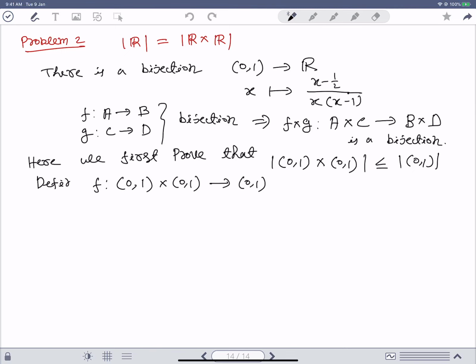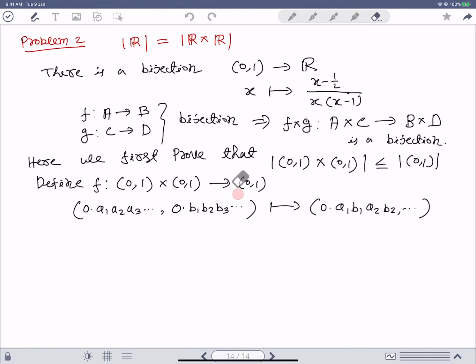So we define a map f by sending 0.a1a2a3..., comma, 0.b1b2b3... to 0.a1b1a2b2... in this way. One can easily check that f is an injective function.